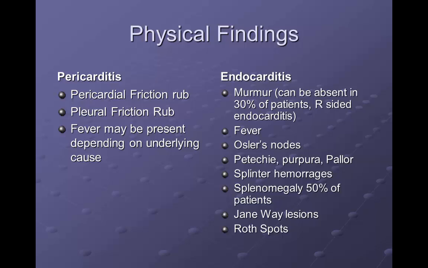Major criteria are either 2 positive blood cultures or 3 positive blood cultures, or serology evidence of Coxiella burnetii on one of the positive blood cultures, or an echocardiography with evidence of either an oscillating intracardiac mass on a heart valve or an implantable material with that oscillating mass, the presence of a cardiac abscess, a new dehiscence of a prosthetic valve, or a new valvular regurgitation murmur, or seen by an echocardiogram.